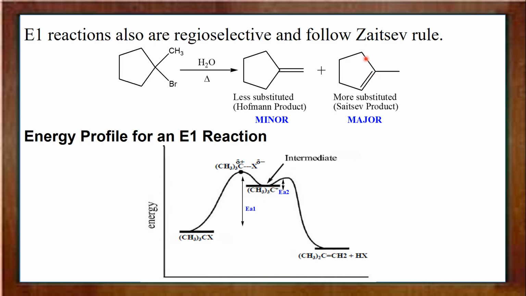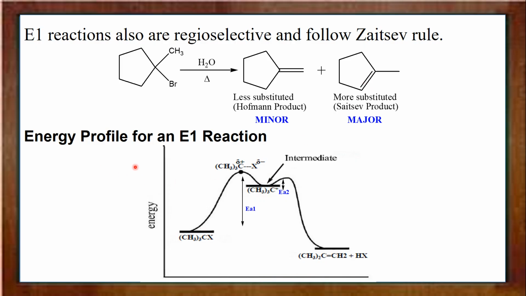In this double bonded carbon, there are two alkyl groups, and here there is one more alkyl. Therefore, this is more substituted. The more substituted alkenes are normally more stable because of higher hyperconjugation. Therefore, this is the major product, the more stable product.